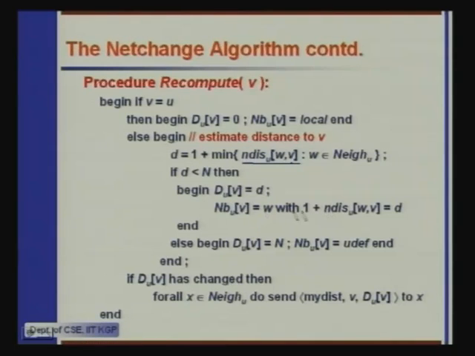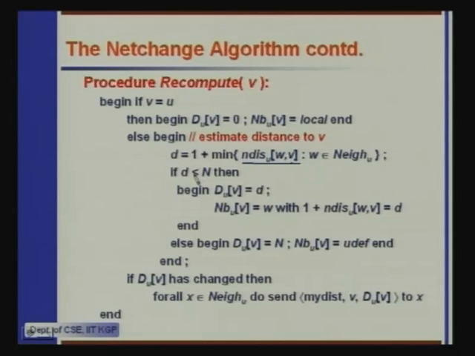Which w? The one for which 1 plus ndis u w v is equal to d. So, out of this, there is one minimum, and that minimum is for some w. That w becomes my next node, because I am now going to route packets with destination V through that node w, right. Now see, everything is being done locally based on the local data structures, no messages exchanged anywhere. Okay.